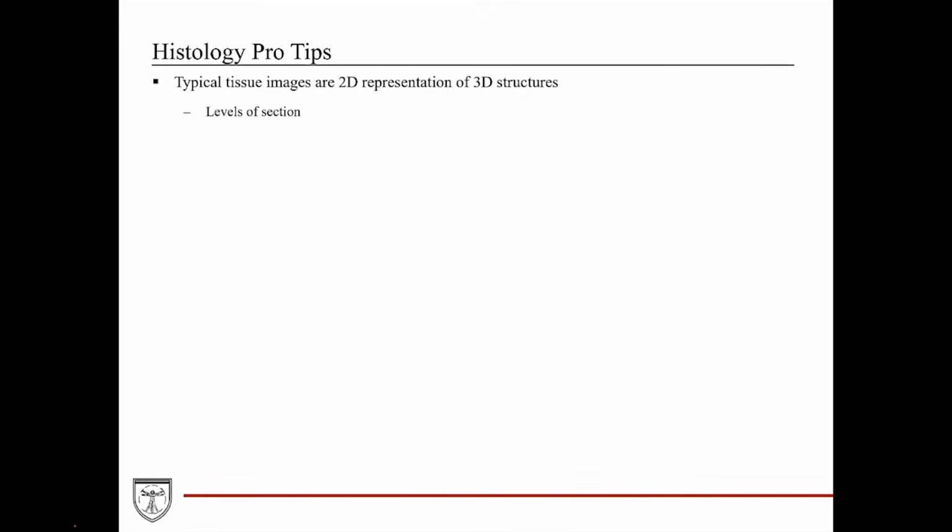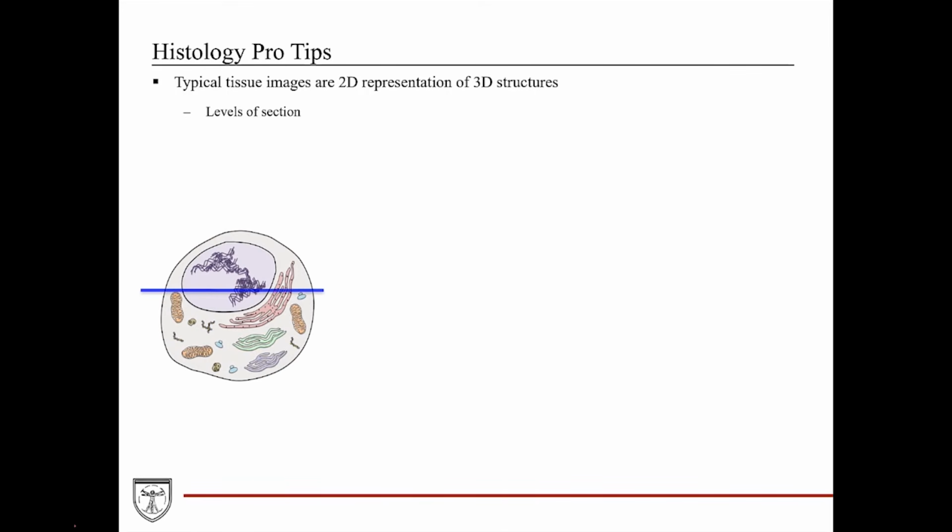So we need to be mindful of the level of cross sections. For example, when we have a cell that is cut at this level versus this level, the cross-sectional images we get might be drastically different. With the upper cross-section, we might see a cell membrane with the nucleus and maybe some rough ER.